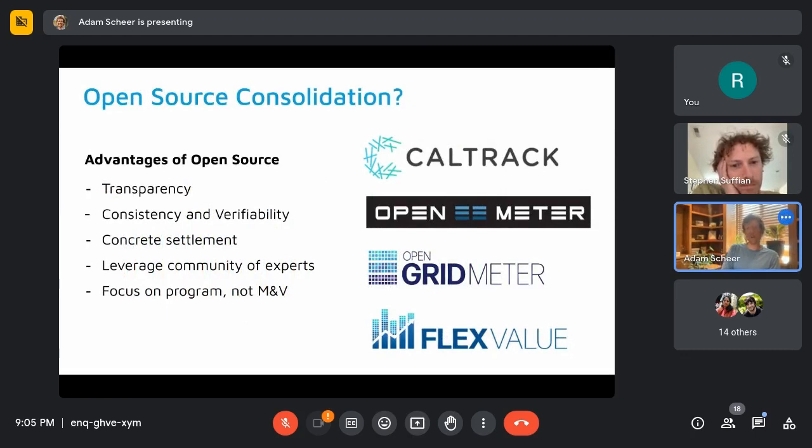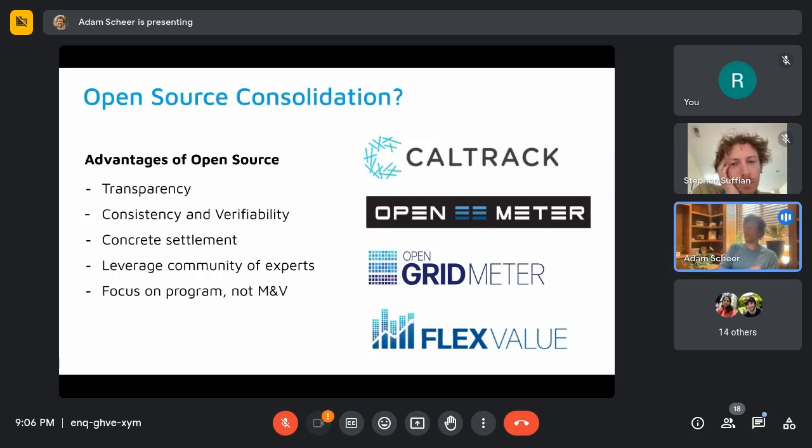We're interested in a consolidation of our open source code packages. Right now, the Linux Foundation has under its umbrella the OpenEEmeter, and part of this project is updating the OpenEEmeter with the CalTrack 2.1 code. Now, there are other open source projects that are really critical to the measurement and valuation of demand side programs, including the GridMeter, the open source code base responsible for conducting comparison group sampling and comparison group savings corrections.